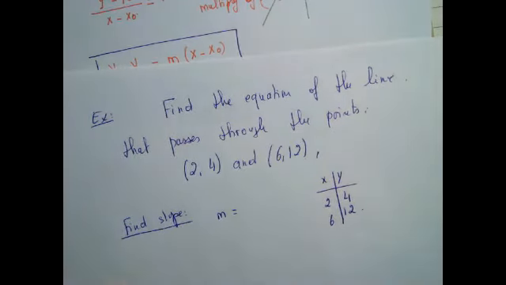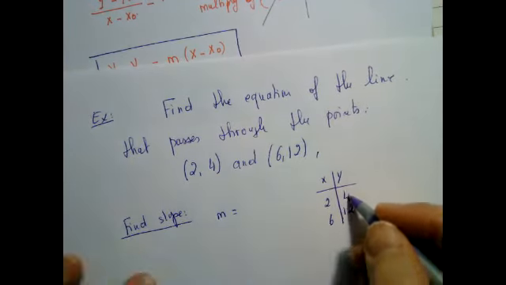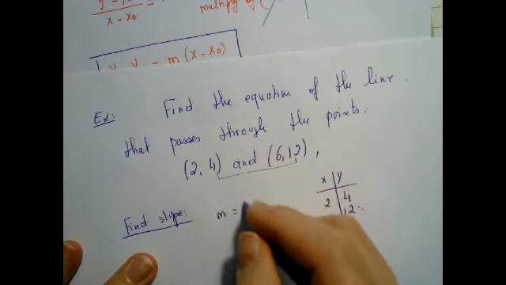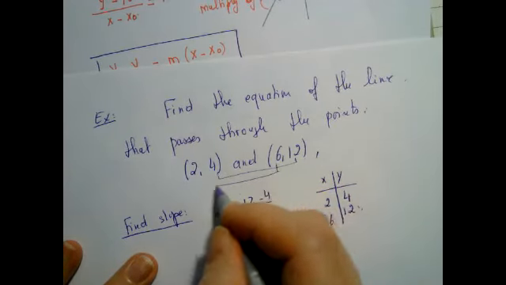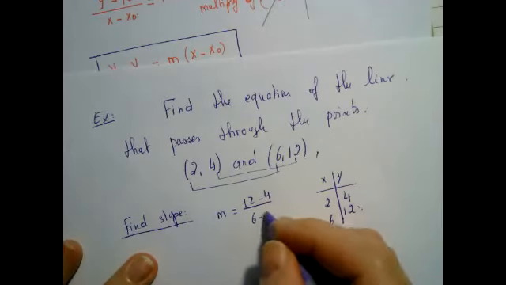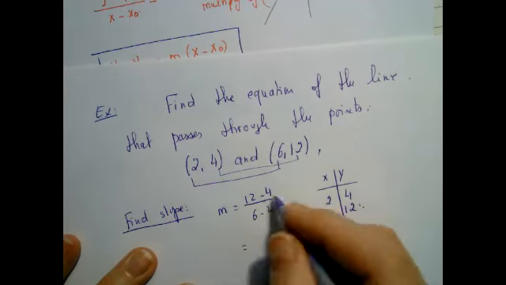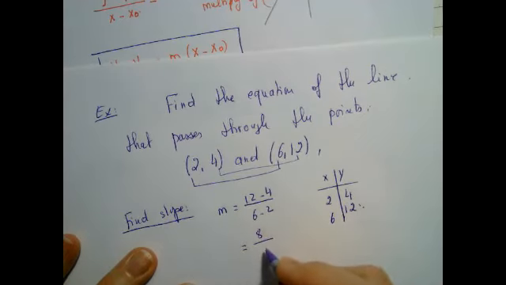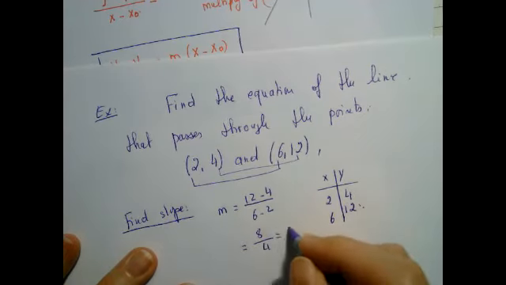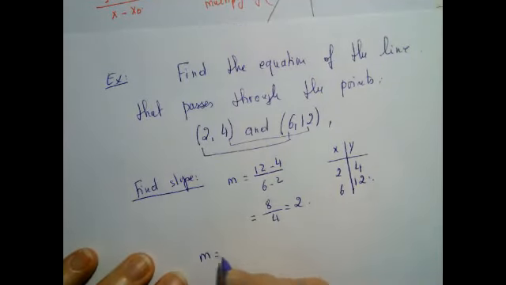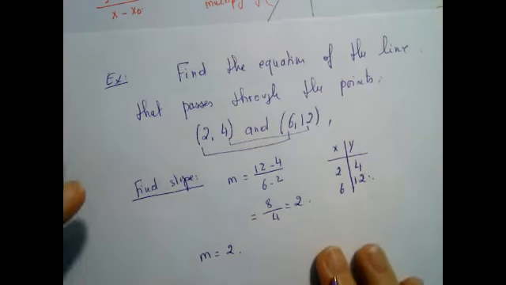So what's the slope? It's by how much y changes, 12 minus 4, divided by how much x changes, 6 minus 2. That means my slope is 8 over 4, which is equal to 2. So the slope is 2.